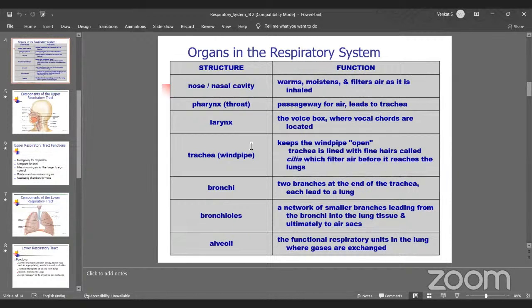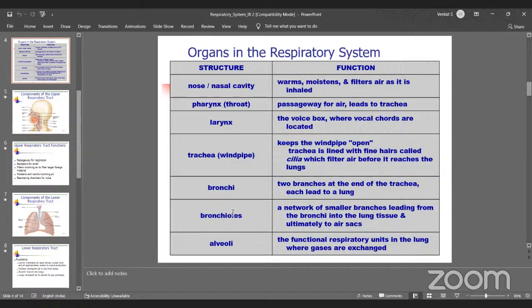Larynx, the voice box where vocal cords are located, and trachea, windpipe, which keeps the windpipe open. Trachea is lined with fine hairs called cilia, which filter air before it reaches the lungs. Then bronchi, the two branches at the end of the trachea, each leads to a lung.